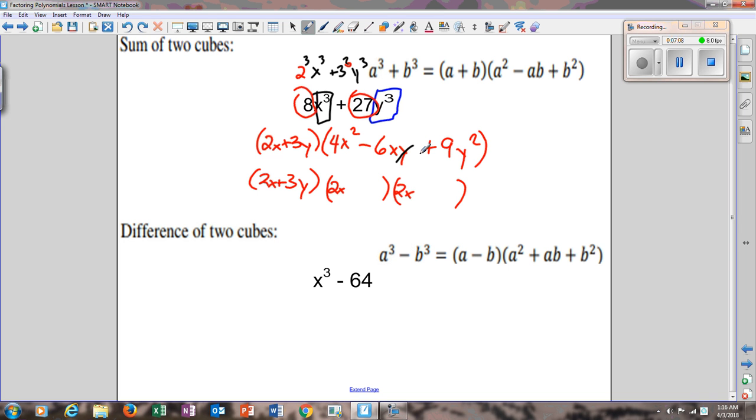Then what multiplies to give you 9y squared? That could be a plus 3y and a plus 3y, or it could be a minus 3y and a minus 3y. The only way to tell is to look at this middle term. That's a minus 6xy, right? So since that's a minus, this has to be a minus.